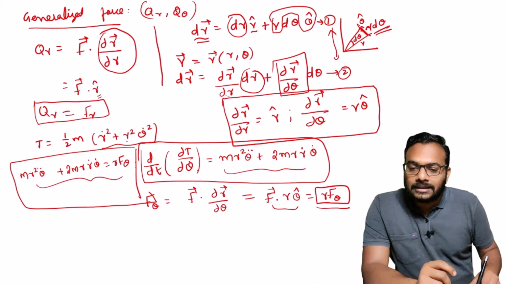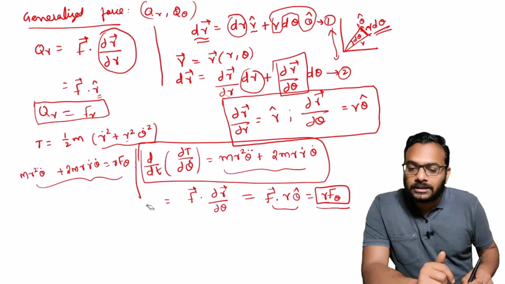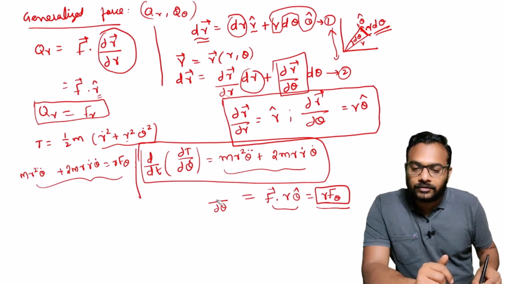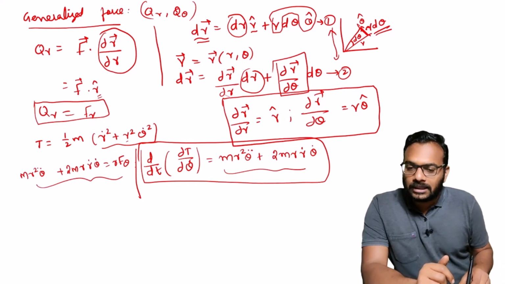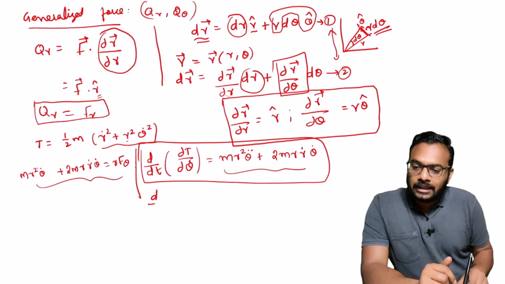If you just look here, you can also write this term like this, d by dt of ∂T by ∂theta dot. It's instructive to look at it in a slightly different form. Here we have expanded this ∂T by ∂theta dot, but otherwise we can write this as d by dt of ∂T by ∂theta dot.